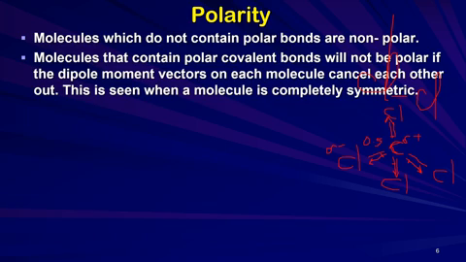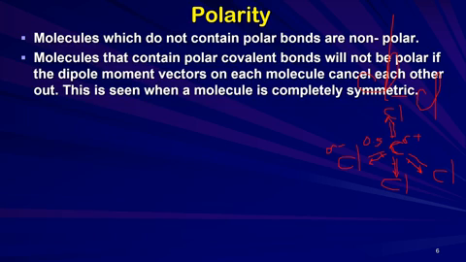And the four dipole moments we have here, or the overall dipole moment here, is 0. Why? Because they are moving in opposite directions. So the dipole moment vectors on this molecule will cancel out to give us a nonpolar molecule.